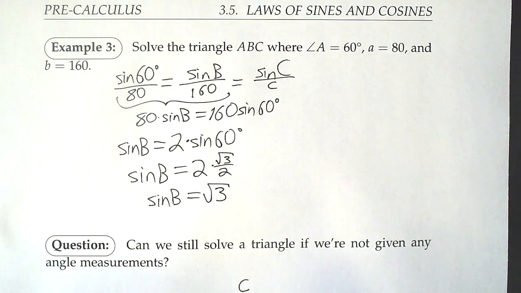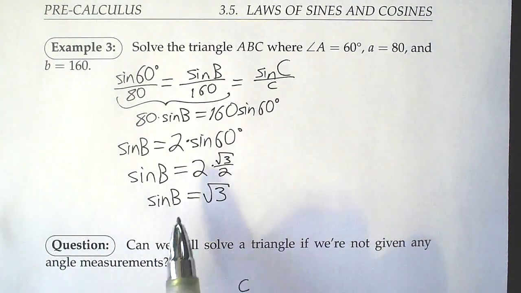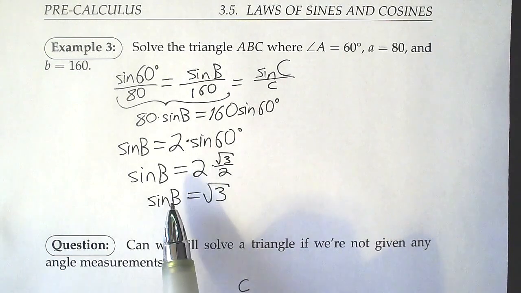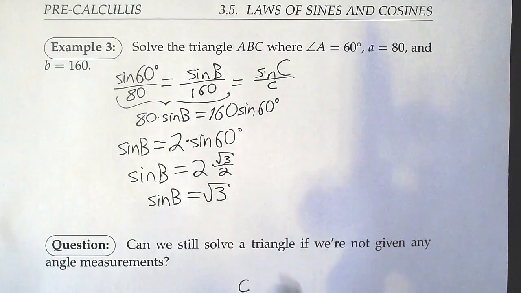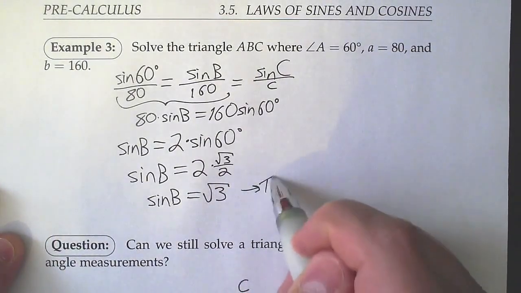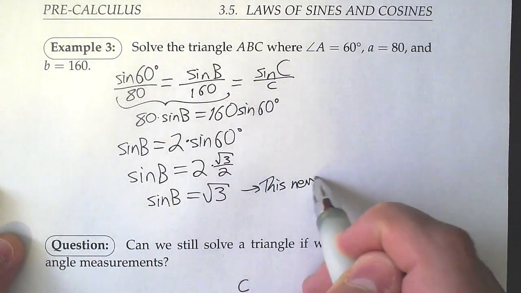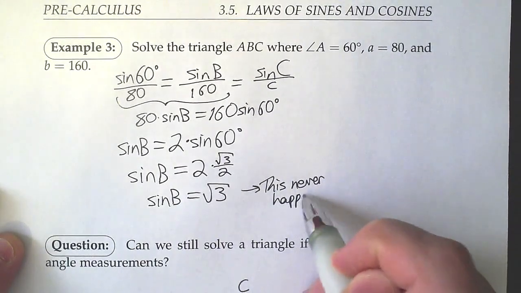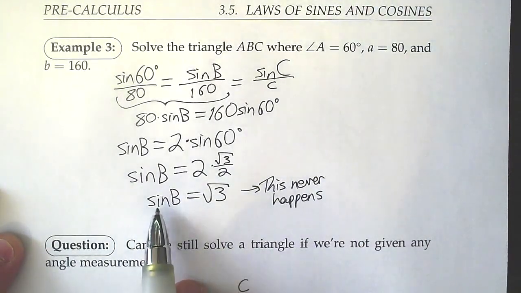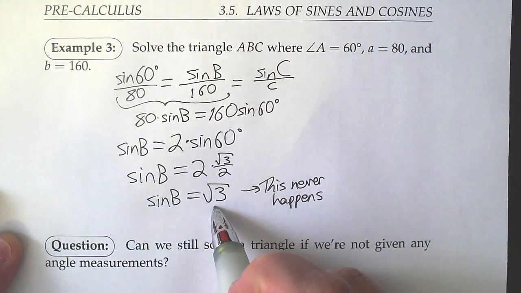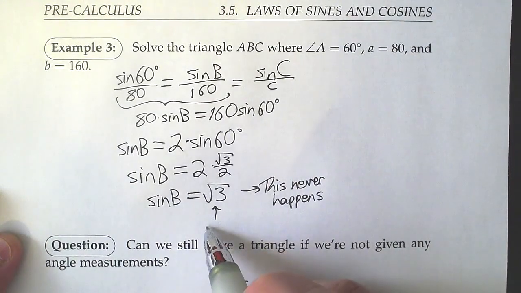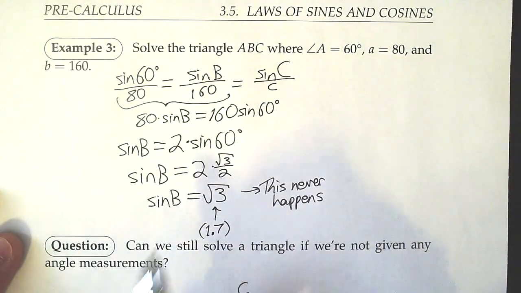All right, well, here's the issue. What angle B is going to make this happen? Well, this never happens. There is no angle that has a sine equal to square root of 3. Square root of 3, by the way, is approximately 1.7. Not exactly, but approximately 1.7. That's too big.